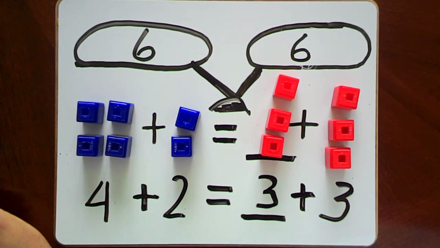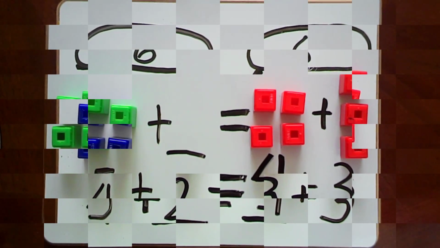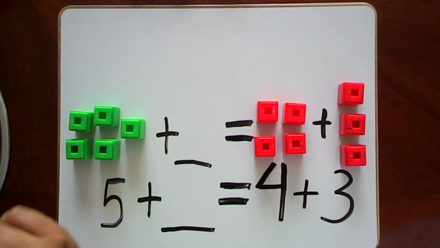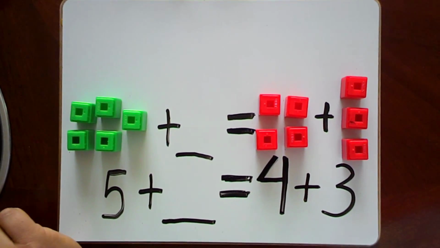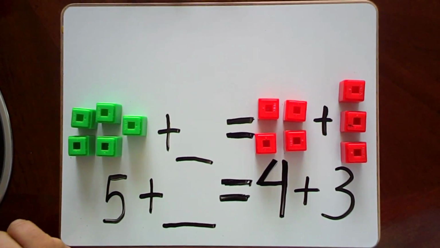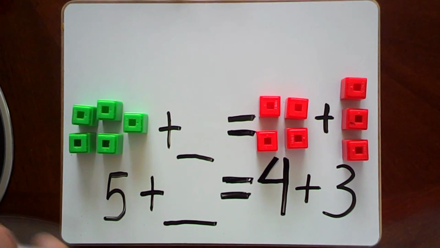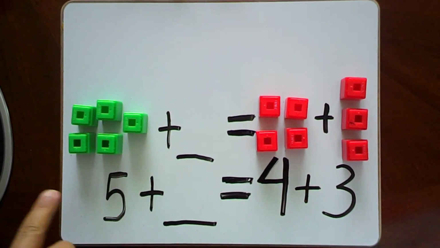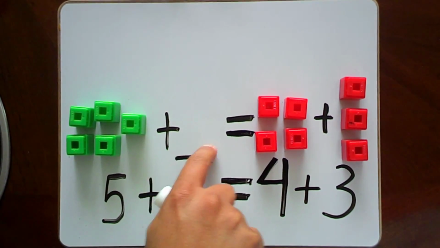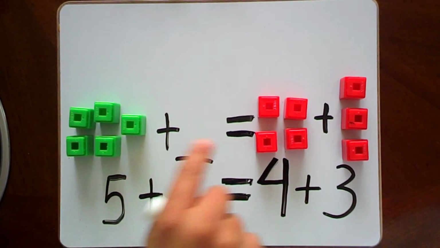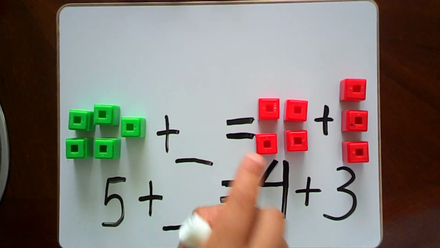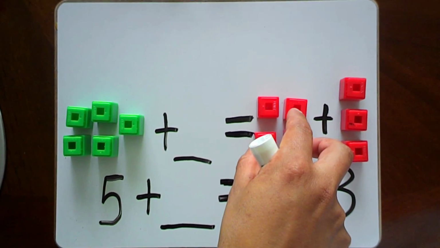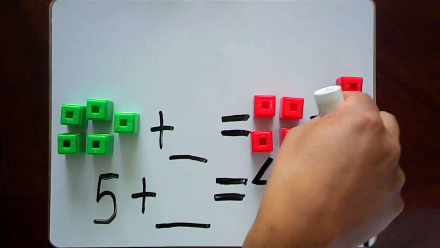Let's try a different example. So here is another example. We have the equation 5 plus something that's missing is equal, or it's the same, as 4 and 3.